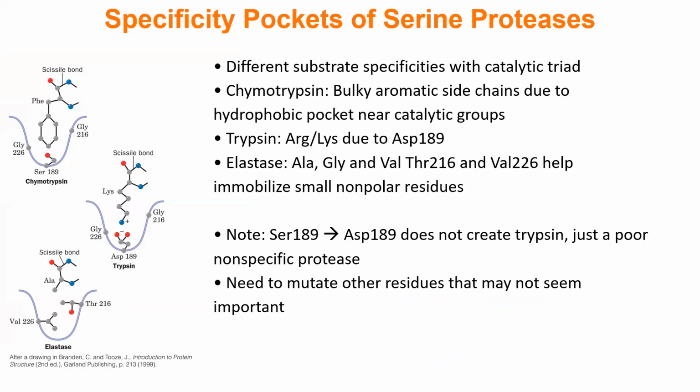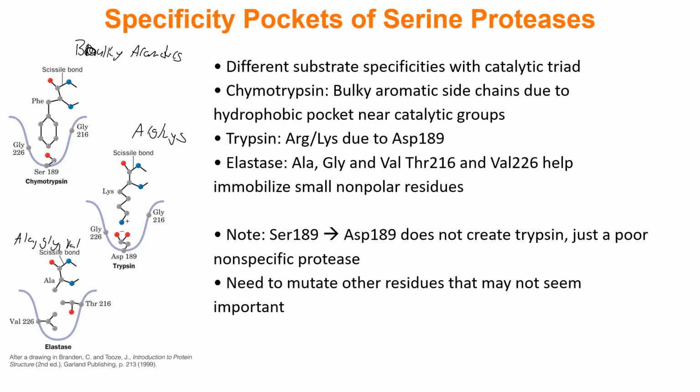So the three serine proteases we're looking at, chymotrypsin, trypsin, and elastase, they all cut different things. Chymotrypsin cuts bulky aromatics. Trypsin cuts Arg and lysine amino acids, and elastase cuts alanine, glycine, valine.